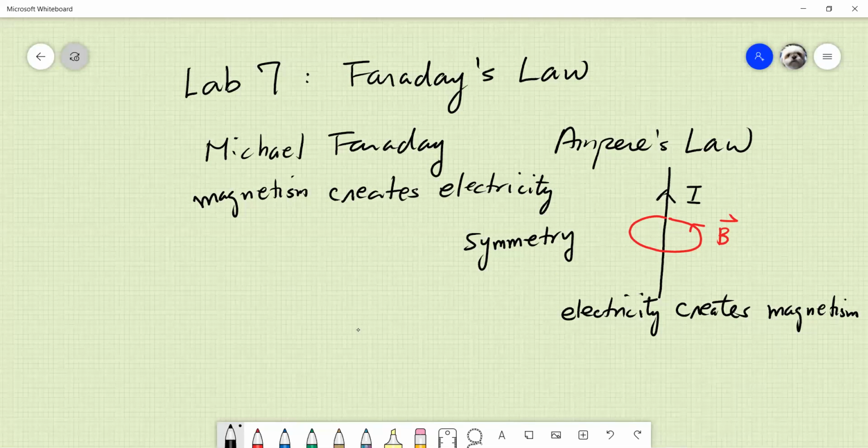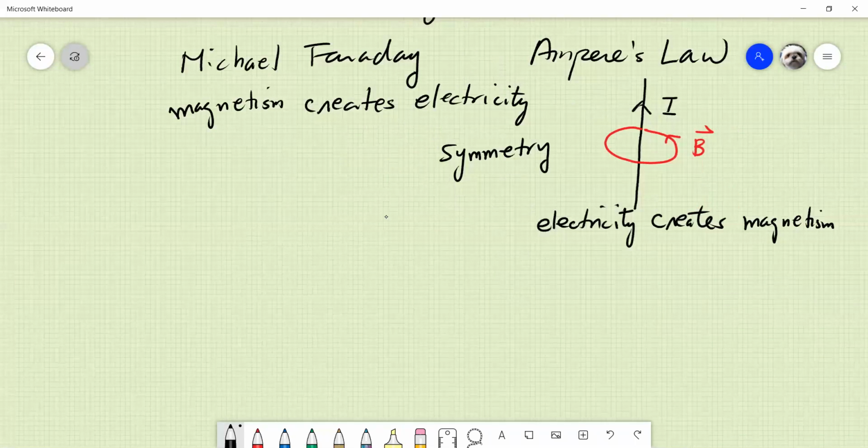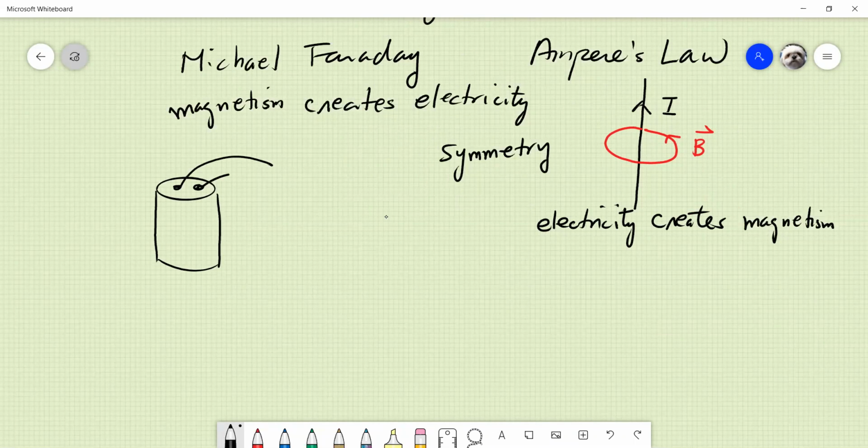He had a coil, and this coil is connected to a battery, so you can turn on the switch.